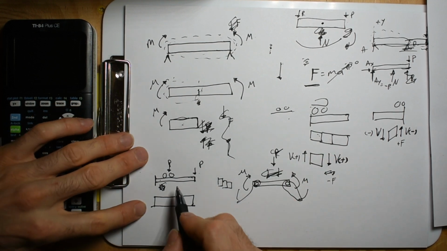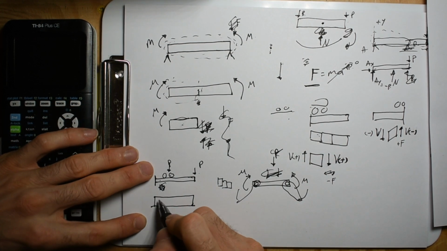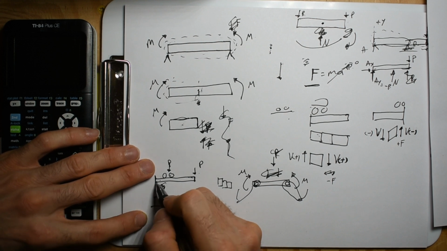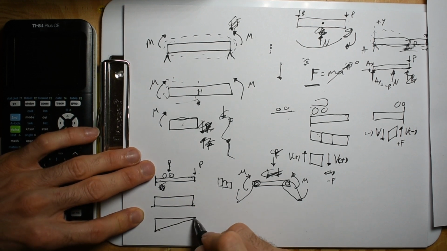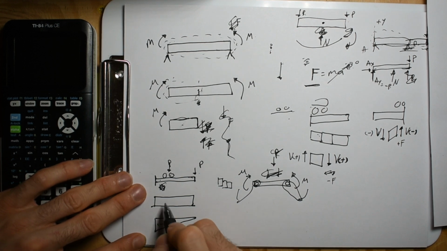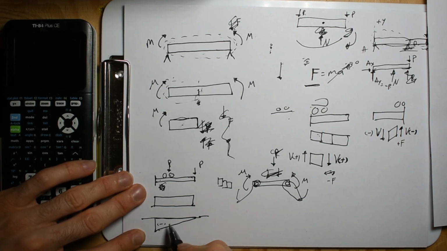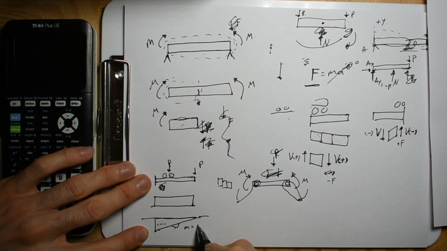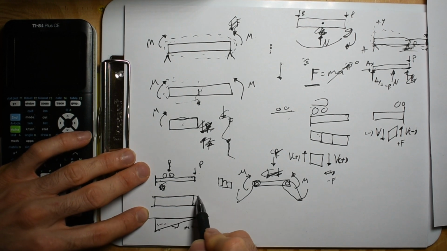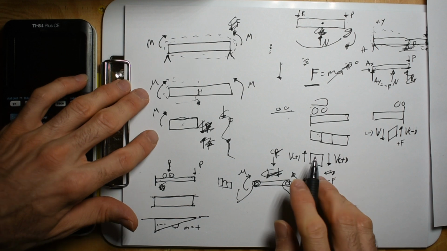And in this case, you get a positive shear, but your bending moment is going to be negative. You know what I mean? And again, it's in the negative direction. But this slope is positive. So this slope is positive slope, and that's the value of that shear. So that's what we're going for.